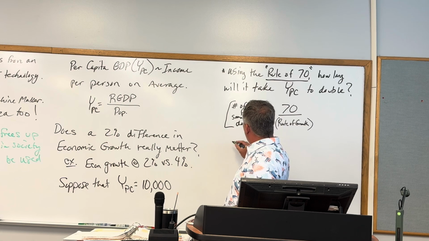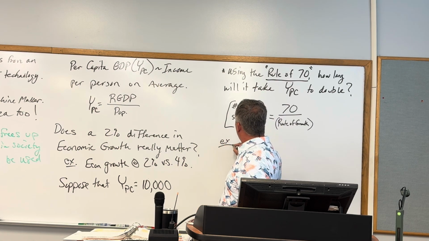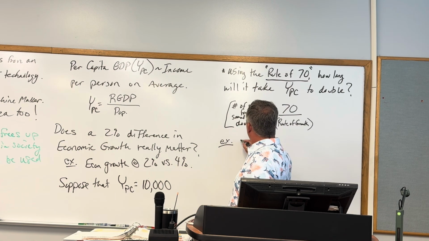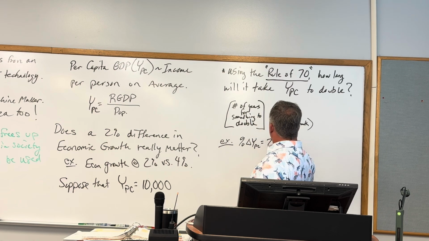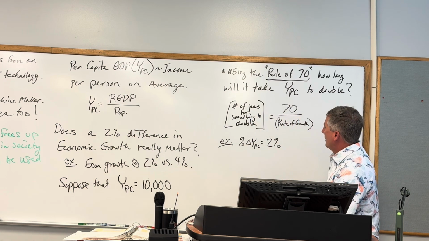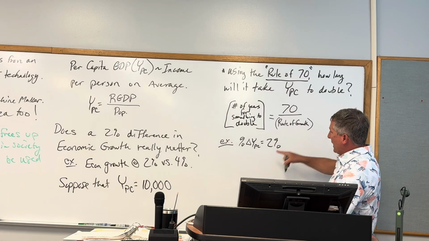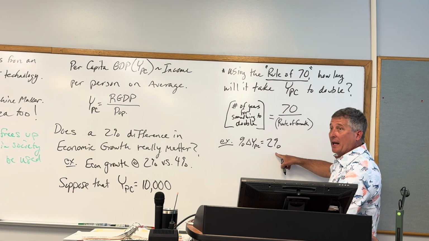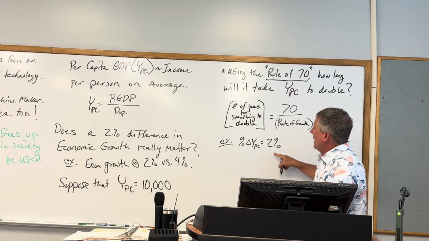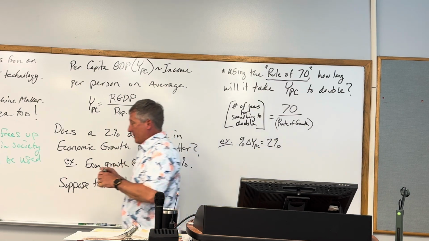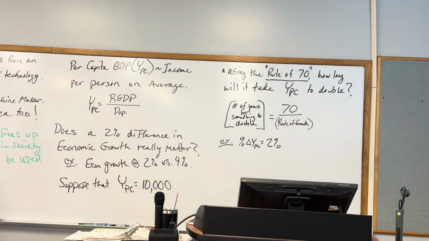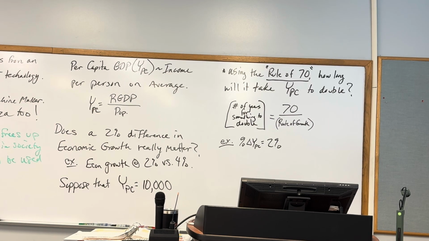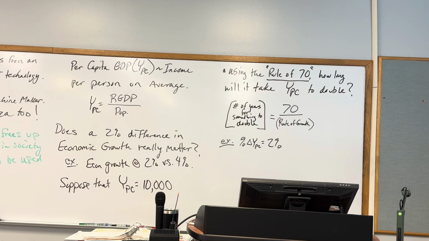So, in our example, at 2%, with the rate of change of per capita GDP growing at 2%, how long does it take your money to double when you live in that country? If you've got 2 and you don't do the 0.02, so this is pretty easy math.